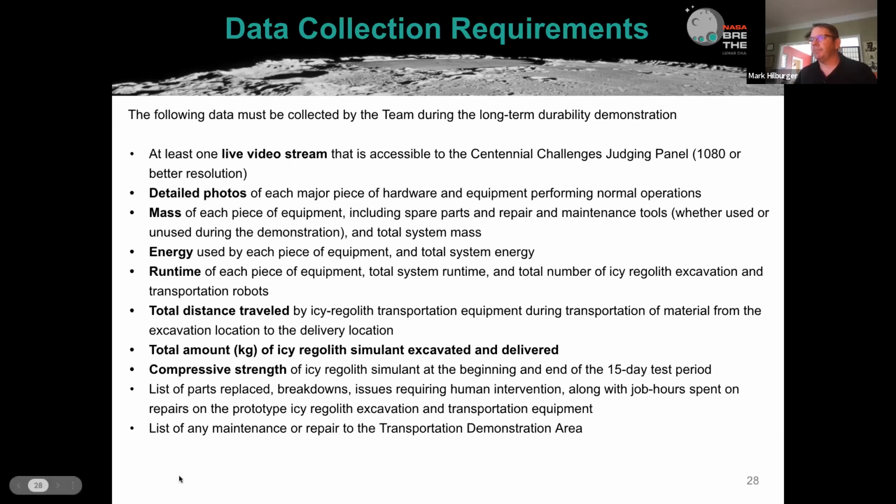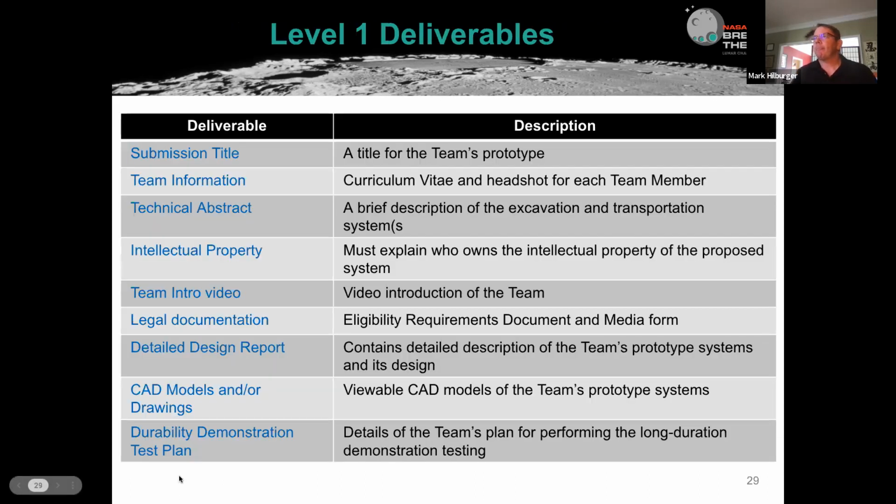Next slide, please. So as was mentioned earlier, there's 3 levels to this competition. Level 1 deliverables are shown here, and it's relatively straightforward.